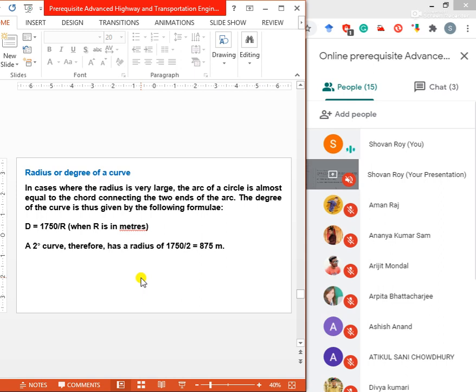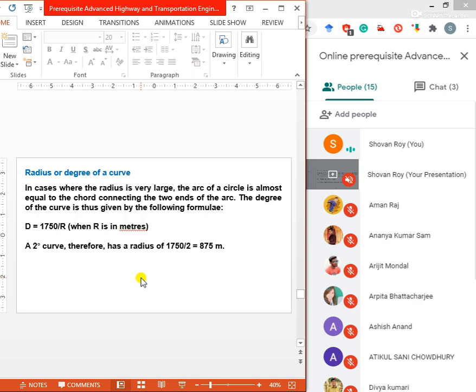D equals 1750 by r. This is the formula to find out the degree of any curve. So if the r value is available in meters, we can find out the degree of the curve.